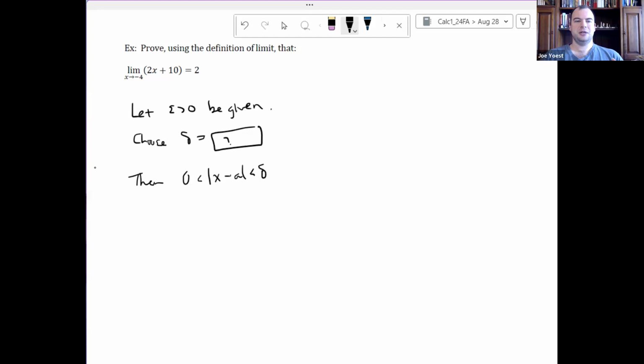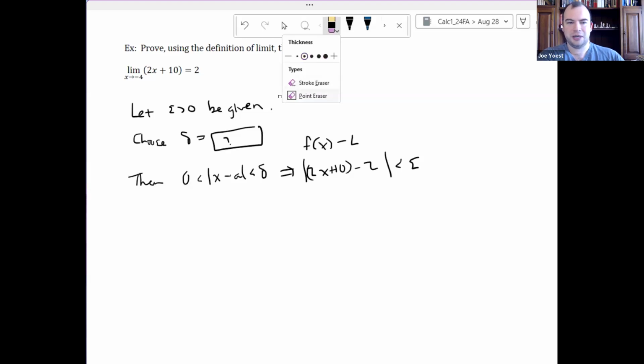On the left-hand side, it says x not equal to a, and the right-hand side says x is within delta distance of a. That implies the absolute value of f of x minus L, well, that's 2x plus 10 minus 2, less than epsilon. Oh, and that shouldn't be x minus a. I know what a is. a is negative 4. So x minus a is x minus negative 4. That's x plus 4.